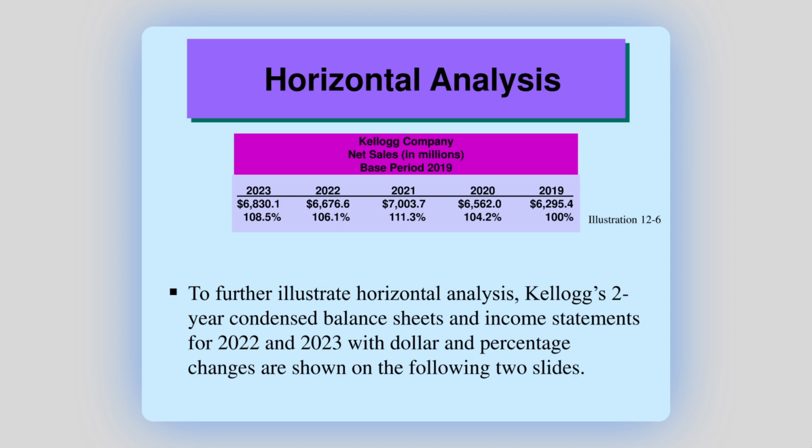If you divide, then minus 100, you have 8.5%. The same goes for 2022: 6676.6 divided by 6295.4, you have 106.1. You also have 7003.7, just divide it by 6295.4, you have 111.3. So that's the formula.